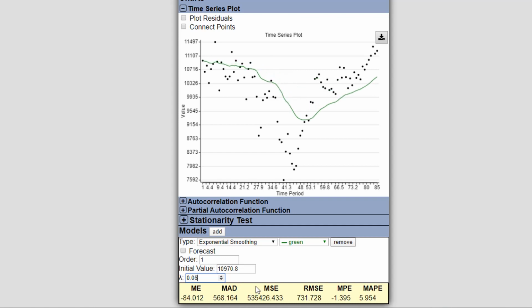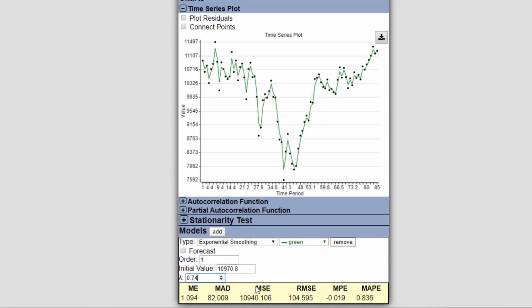If you set lambda all the way up to 1, it's just going to connect the points. The smoothed value is just each day's value with 100% weight and 0% weight times the previous smooth day's value. So somewhere in the middle, you end up getting 0.2, 0.3, something like that.